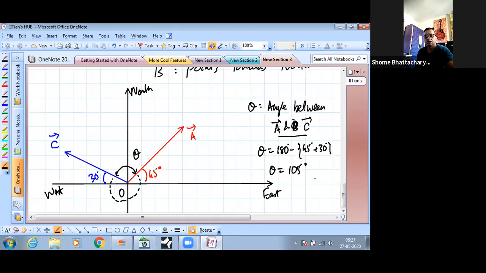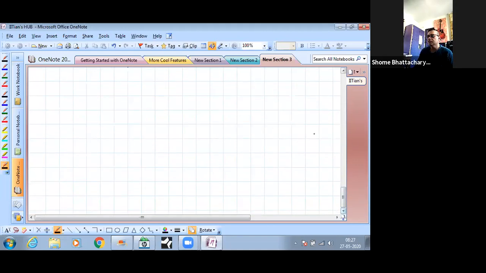So these were some of the things that we learned in the last lecture. Now moving on, we will start looking at vector operations, or algebraic operations involving vectors, from the geometrical representation. So the next part of this vector analysis is vector operations, or you can say vector algebra.